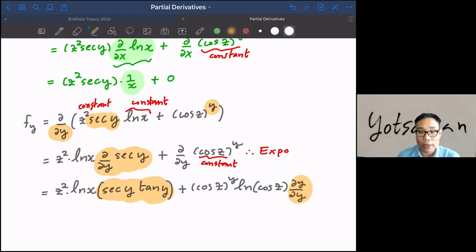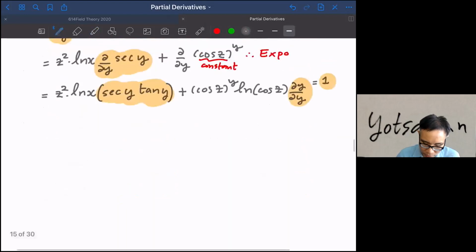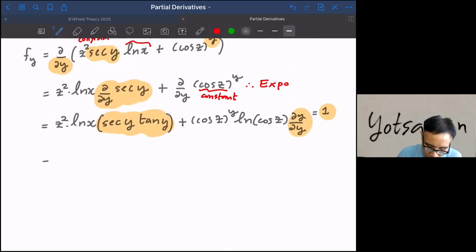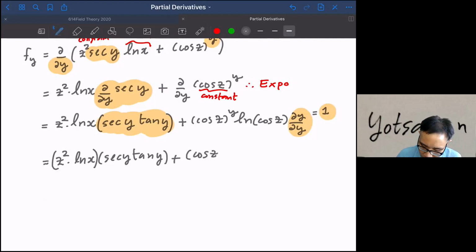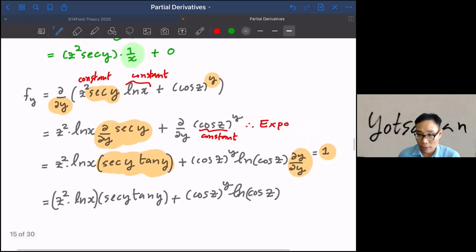And dy of y is equal to 1. So your final answer is z square log x sec y tan y, in parentheses, plus cos z raised to the y log of cos z. That is going to be your fy.